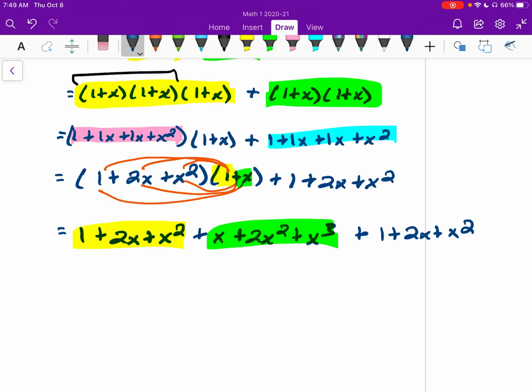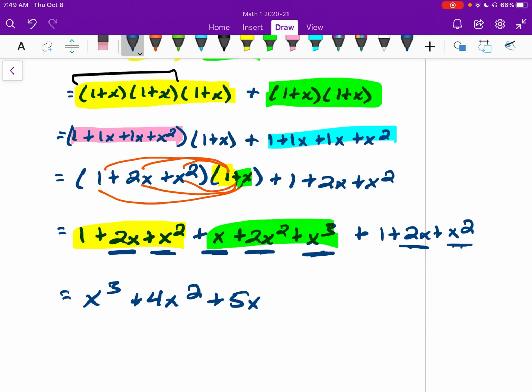And I'm going to put them in order of highest power, or highest exponent, to smallest exponent. My highest exponent is x cubed, and I only have one of those. Now I'm going to look for my x squared. I have 1x squared. If I add that up, I'm going to have 3x squared and 4x squared, so plus 4x squared. Now for my x's, I have 2x, 3, 4, 5. So 5x.